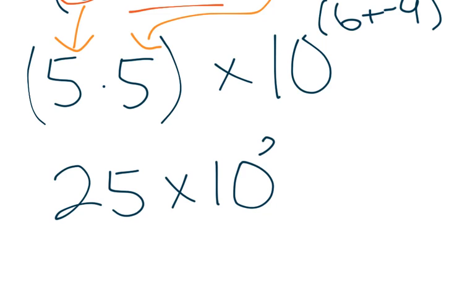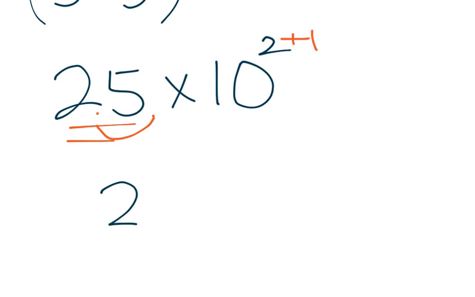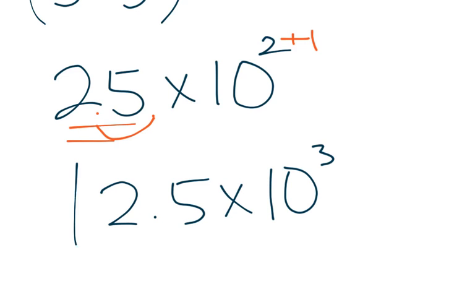So we have 10 to the second power. But remember, we want this first number to be in between 1 and 10. So we're going to move the decimal from over here to over here. So we move it once, so we add 1 to the exponent. So our final answer is going to be 2.5 times 10 to the third power.